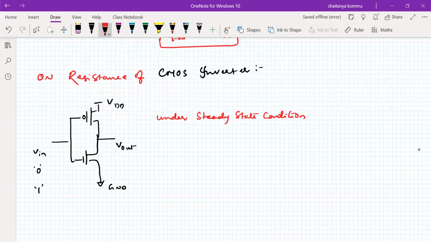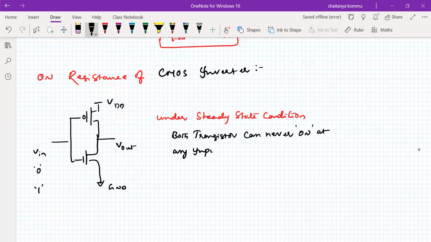Okay, so under steady state condition, both transistors can never be on at any input voltage.